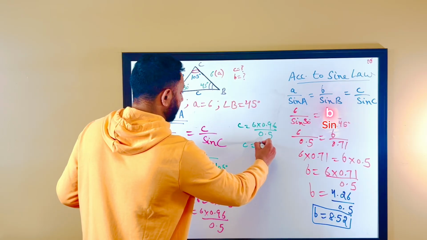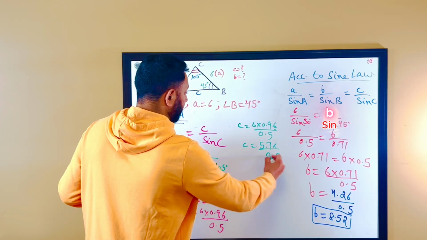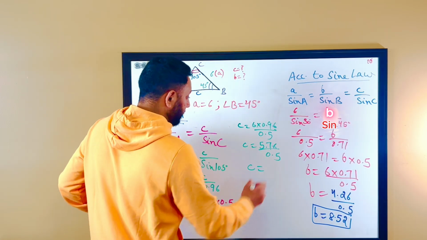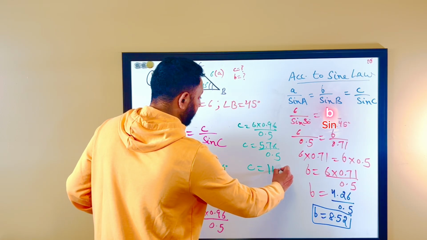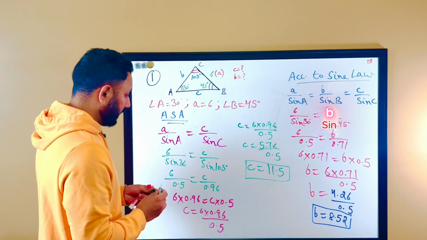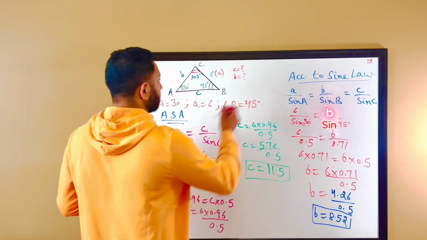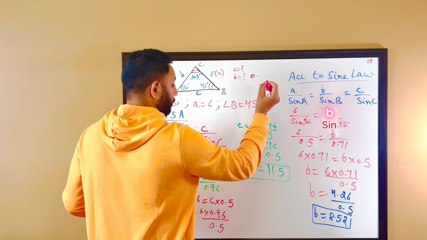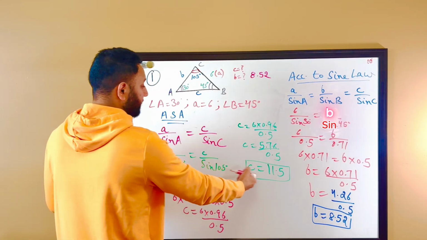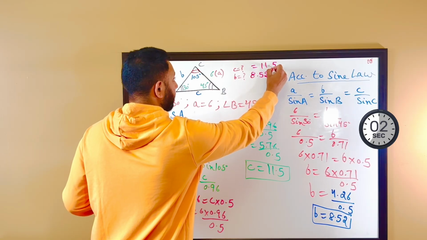Small c comes out to be 5.76 over 0.5. After I simplify this, it comes out to be 11.5. So we got length b, which is 8.52, and the length c is 11.5.